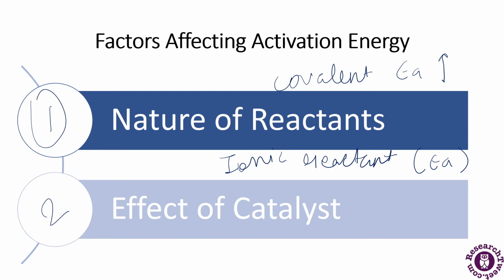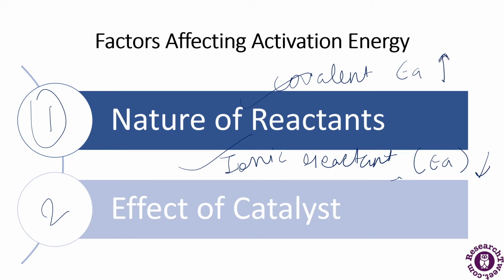So that is why, for an ionic reactant, EA is low, and for a covalent one the energy is very high, because energy is required to break the older bonds.